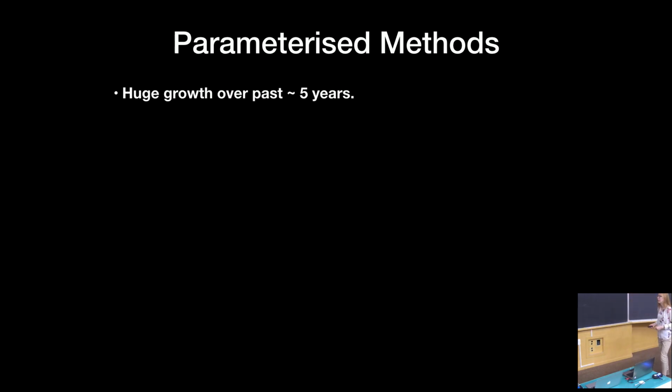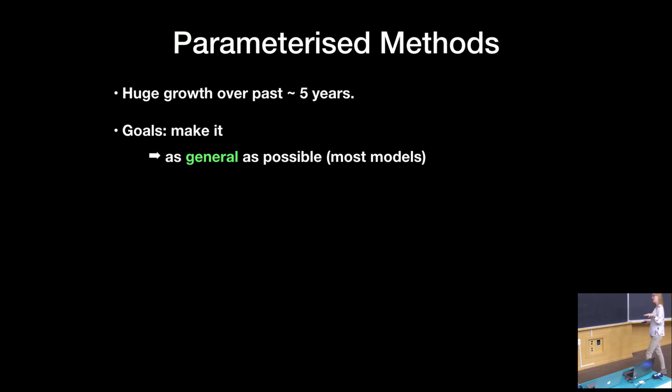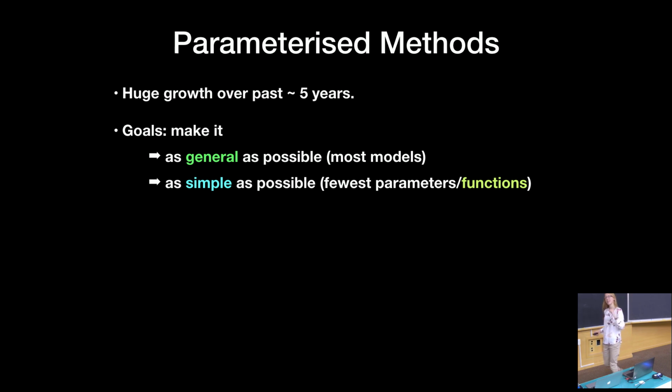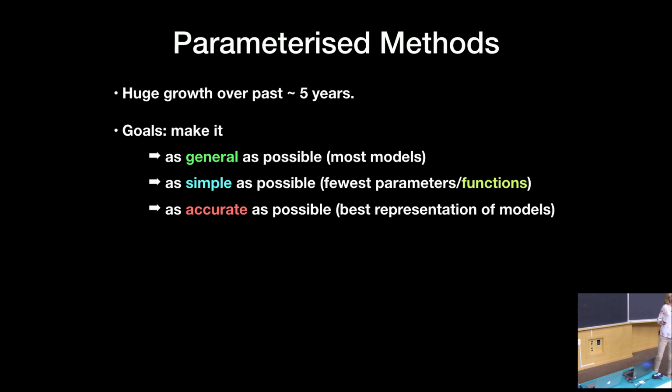And the tricky part here is actually building that parameterization, because you have to make it as general as possible, so it encompasses as many models as you can, whilst keeping it as simple as possible. So you want to keep the number of parameters to a minimum so as to not dilute your constraining power. And a bit more technically, make it as accurate as possible. It has to be a good representation of the models it's trying to capture. Okay, and this is the challenge.